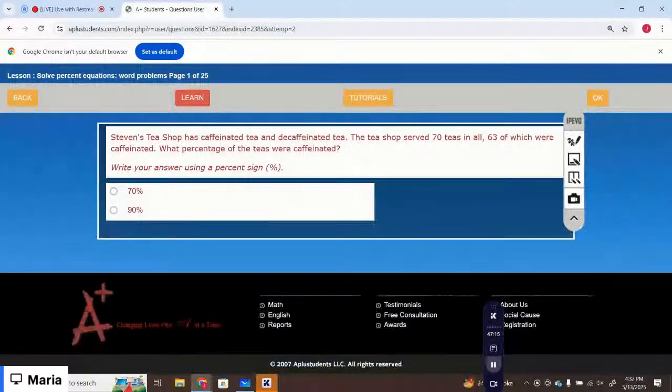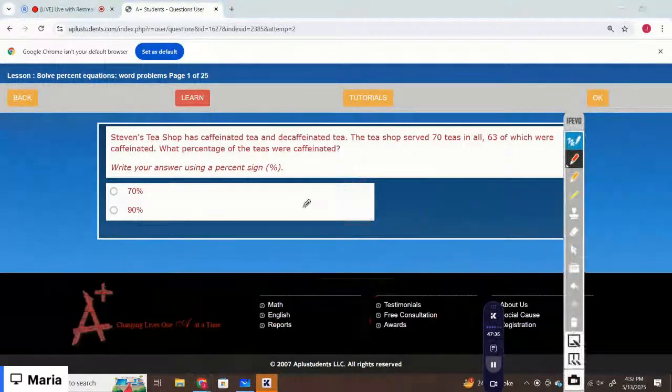Steven's tea shop has caffeinated tea and decaffeinated tea. The tea shop served 70 teas in all, 63 of which were caffeinated. What percentage of the teas were caffeinated? We need to calculate the percentage. You are given the whole and the part. 63 is the part, 70 is the whole number. You need to calculate the n.